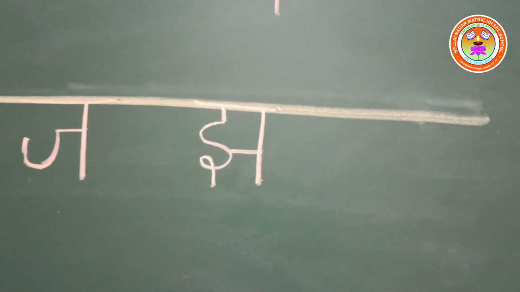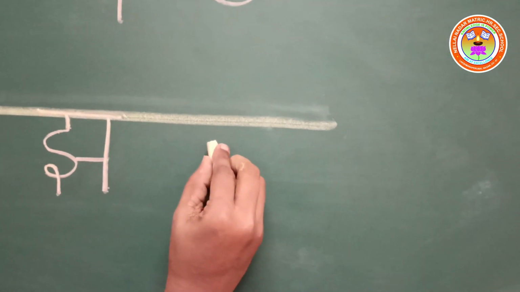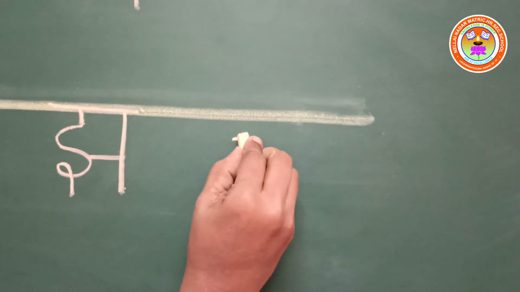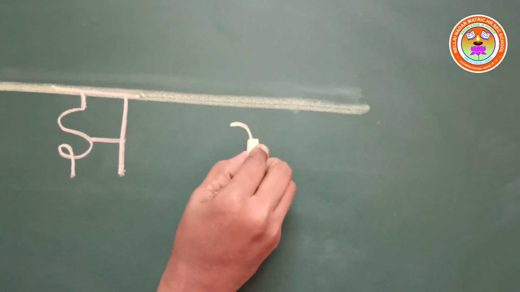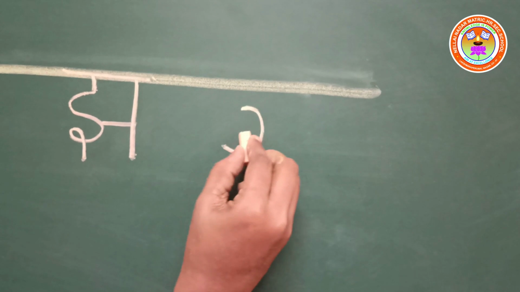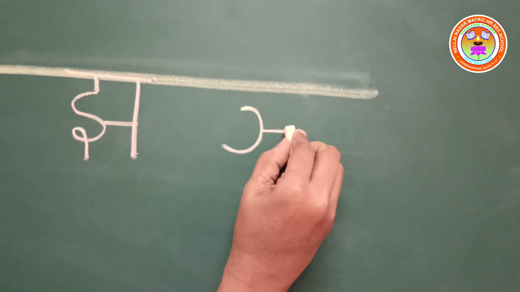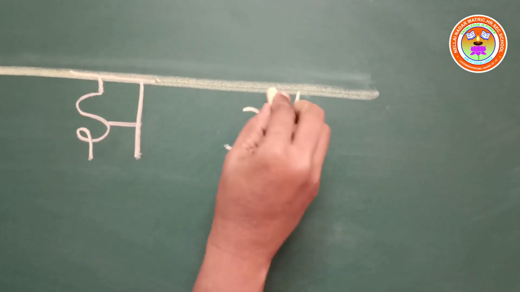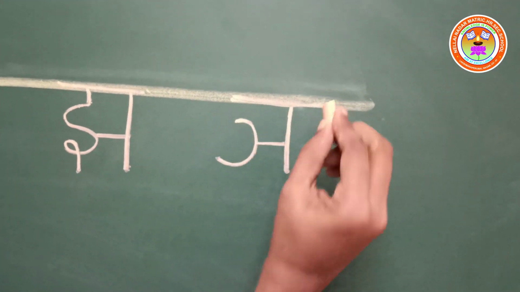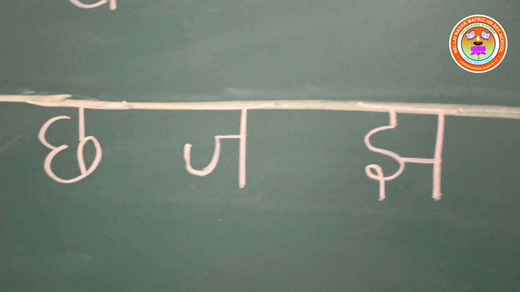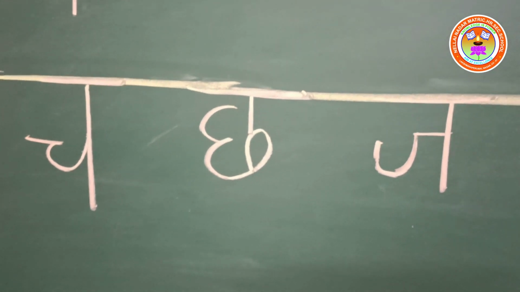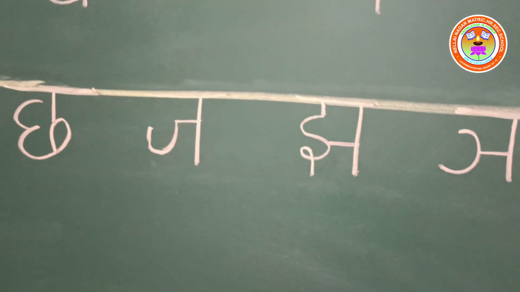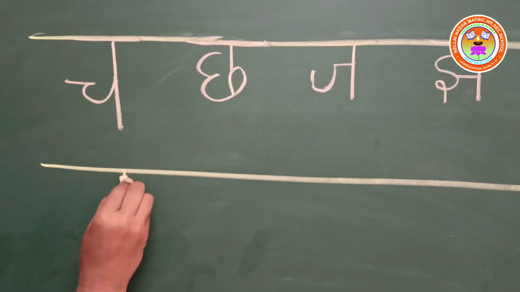J. Now the next alphabet will be Ñ. Draw a C curve, a sleeping line and a straight line and a sleeping line on top of it. Ñ. Now I repeat. Ch, ch, j, j, Ñ.